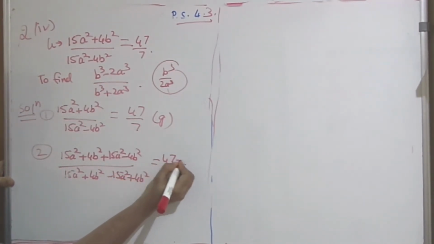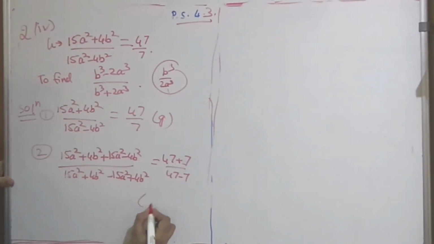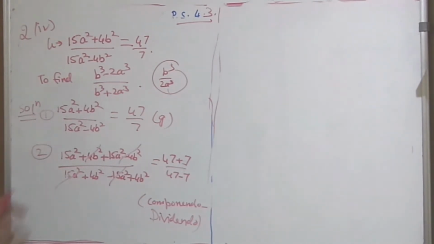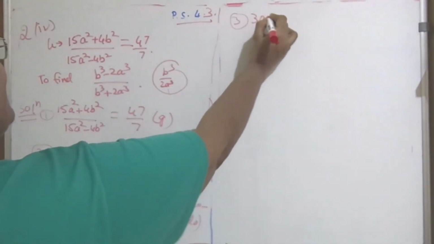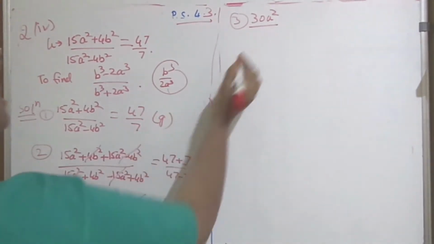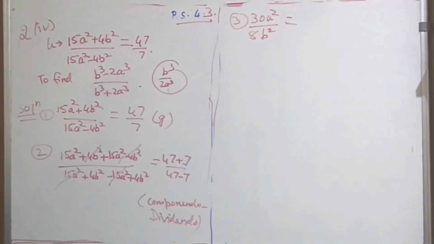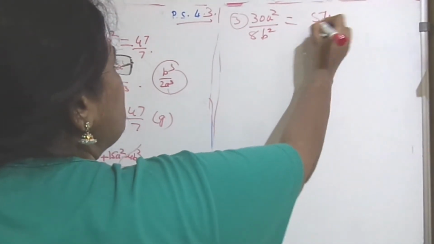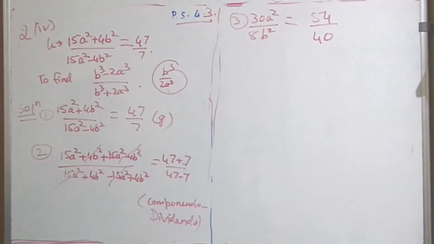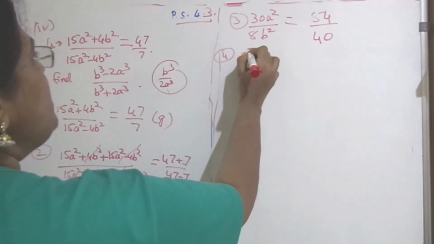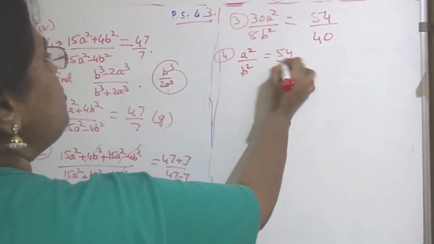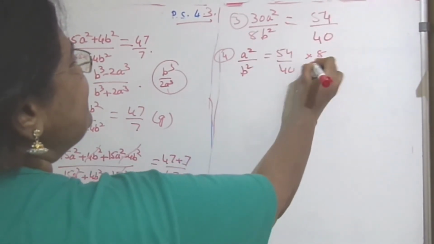Now do here also 47 plus 7 upon 47 minus 7. What gets cancelled here? 4b square, and below, 15a square. So here you will get 30a square upon 4b square plus 4b square, 8b square. 47 plus 7 is 54, and 47 minus 7 is 40. So a square upon b square is equal to 54 upon 40. 8 will go up and 30 will come down.